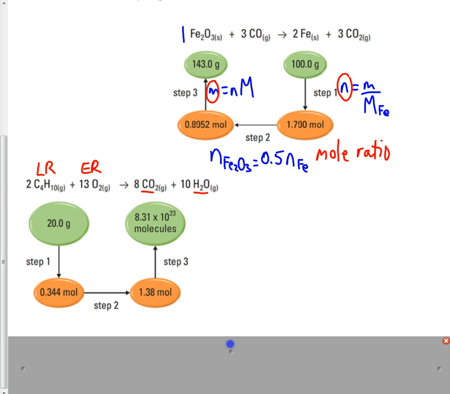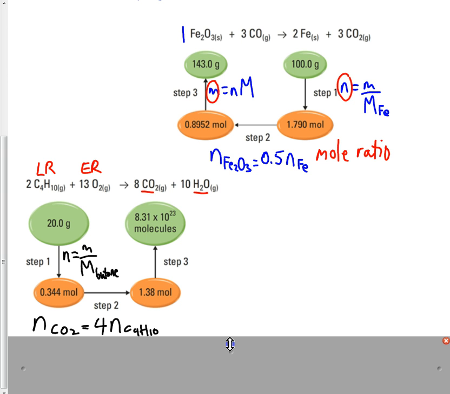From there, we can calculate the number of moles, knowing the molar mass of butane. The molar ratio that is necessary here is 8 to 2, so the number of moles of carbon dioxide is exactly equal to 4 times the number of moles of butane. And then from there, we can convert that into a mass, in this case, or a number of molecules.